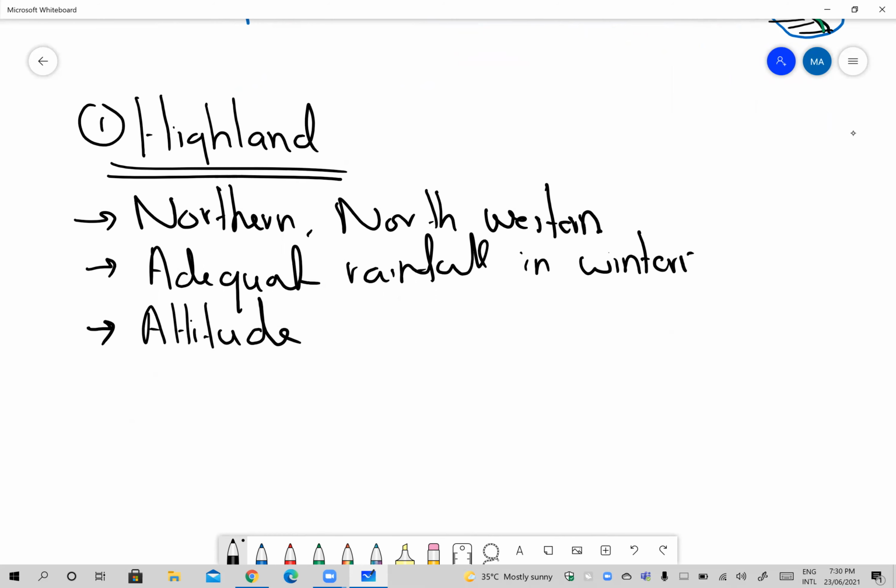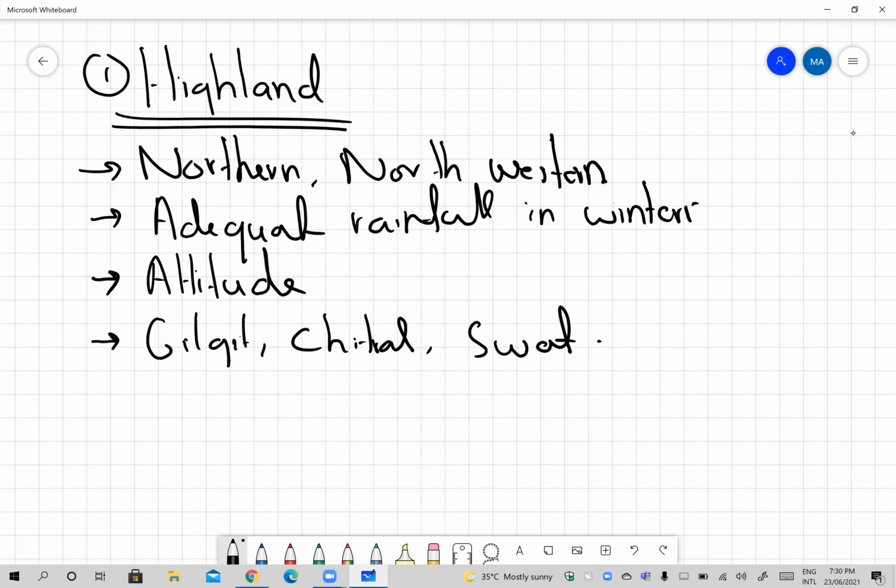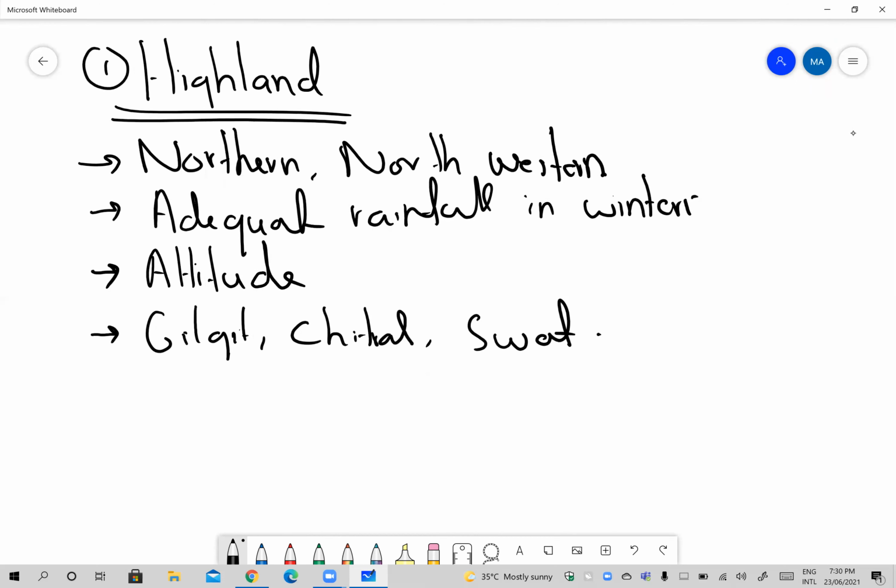Let's look at some details of the exact cities. It is always a good idea to talk about these specific examples while writing an answer to an exam question. Gilgit, Chitral, Swat. All of these are examples of northern mountains, the highland areas. Mild summers, dry in western mountains.